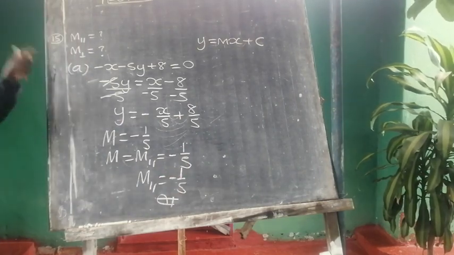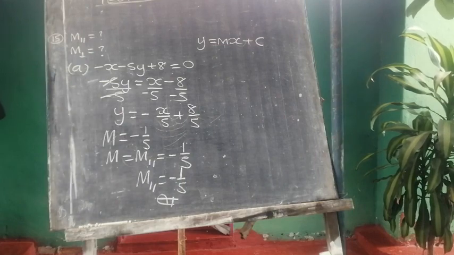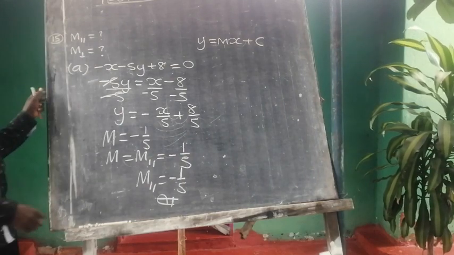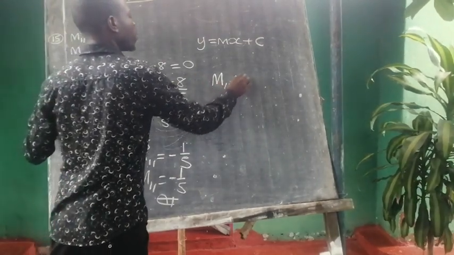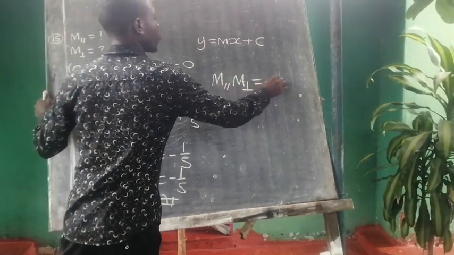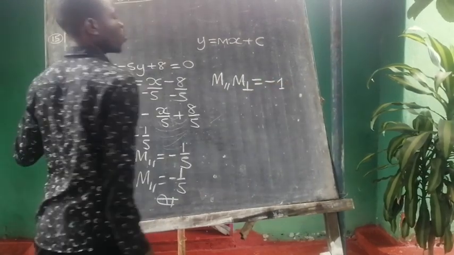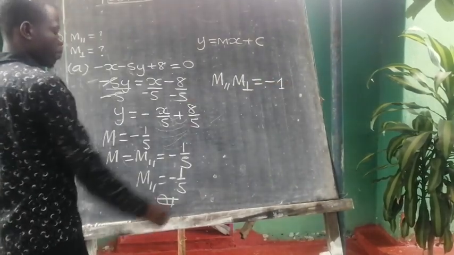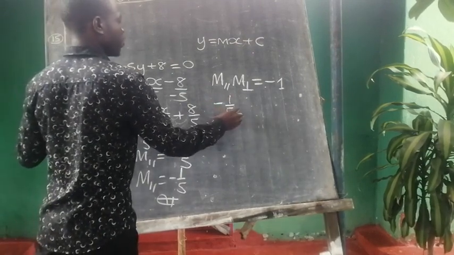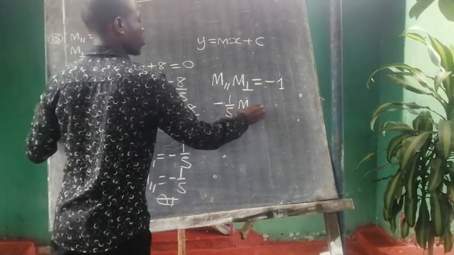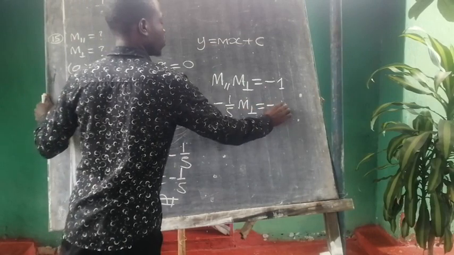We go to m perpendicular. When two lines are perpendicular to each other, the product of their gradients is equal to negative 1. So we multiply m parallel by m perpendicular and equate everything to negative 1. What is m parallel? It is negative 1 over 5. Then m perpendicular is our subject, equal to negative 1.